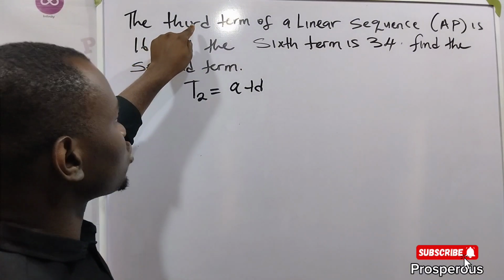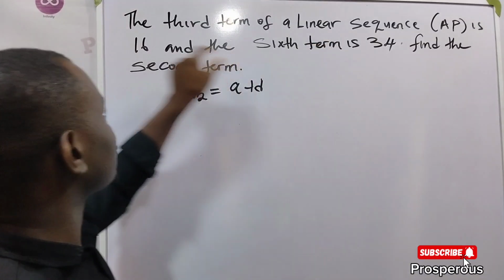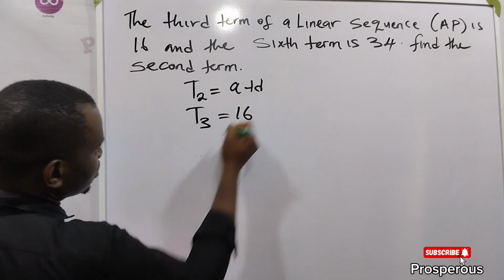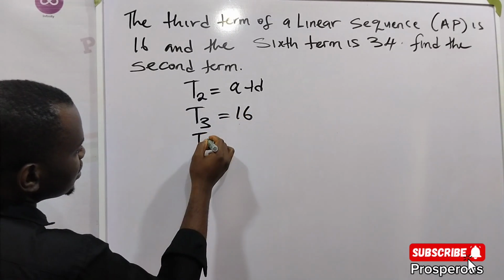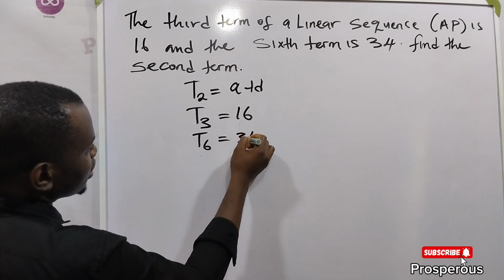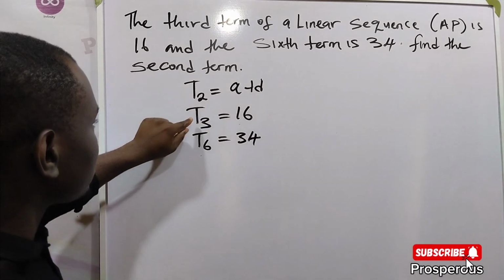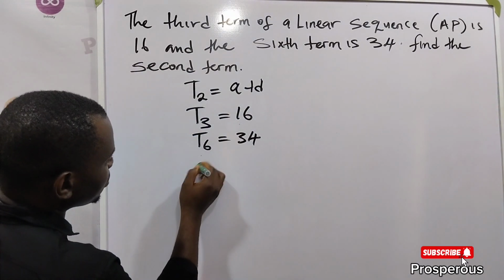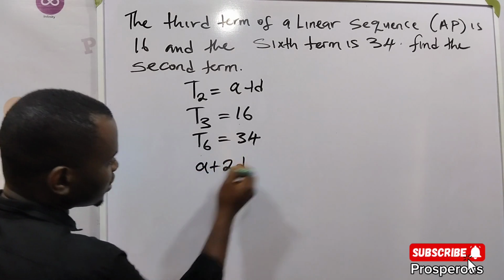The question says the third term of a linear sequence is 16. So T3 is equal to 16, and the sixth term is equal to 34. Now, what's the formula for T3? The formula for T3 is A plus 2D.